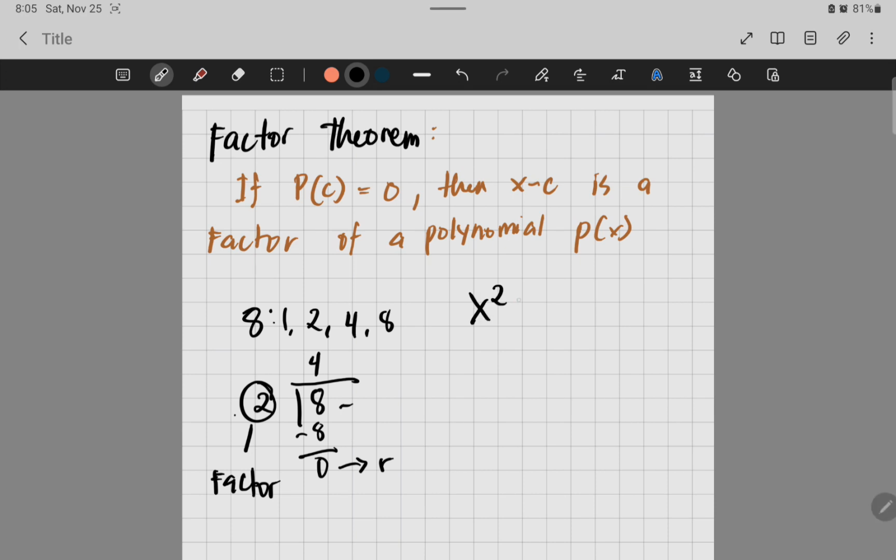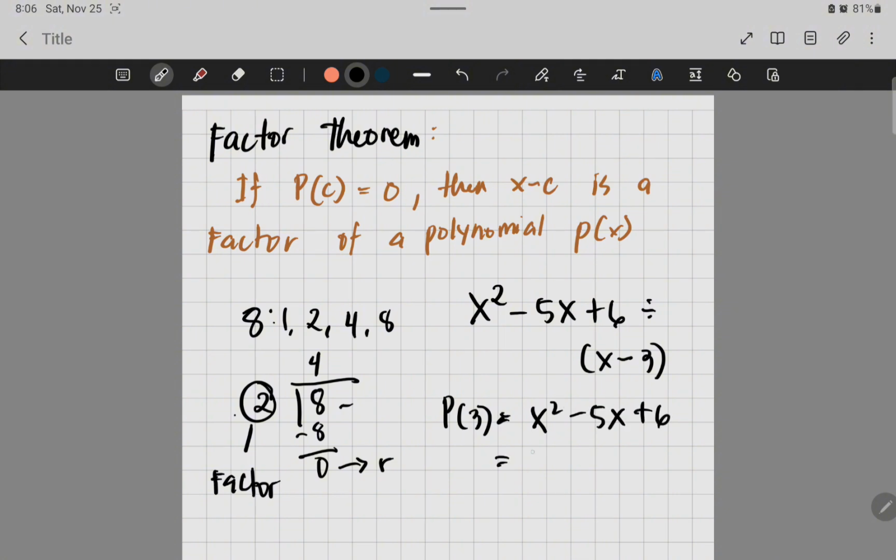So, if we are going to illustrate the factor theorem in polynomials, let's say we have here x squared minus 5x plus 6 divided by x minus 3. So, how do we get the remainder? Right? We are using the remainder theorem. If we have x minus 3, that will become p of 3 is equal to x squared minus 5x plus 6.